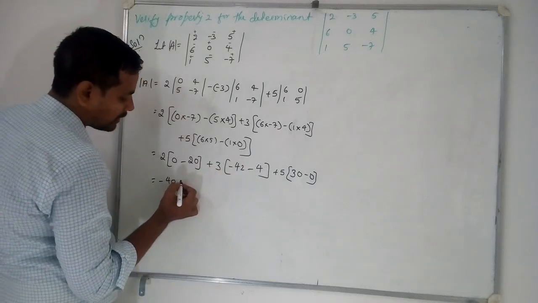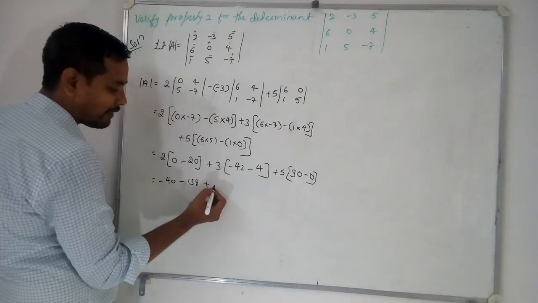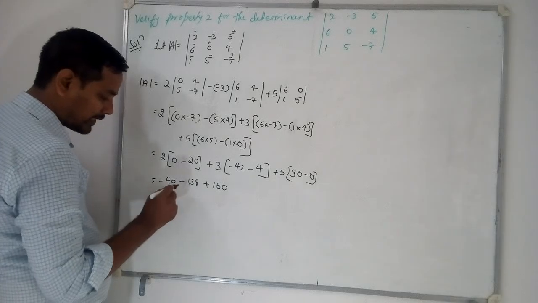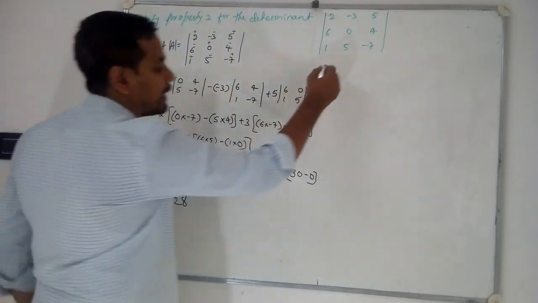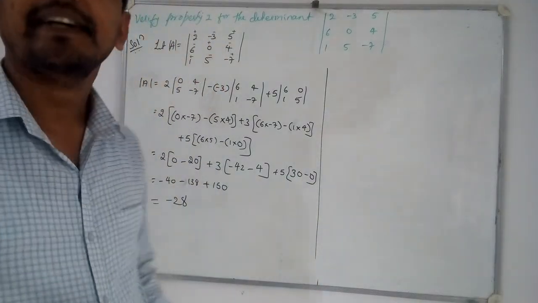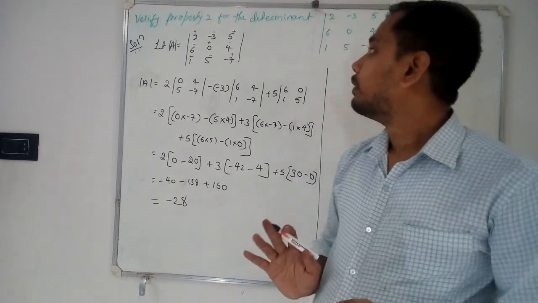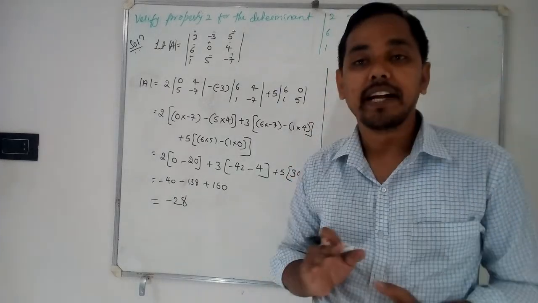Minus 46 into plus 3 is minus 138, plus 5 into 30 is 150. Then this will be minus 178 plus 150, minus 28. We have already calculated that. That was minus 28.